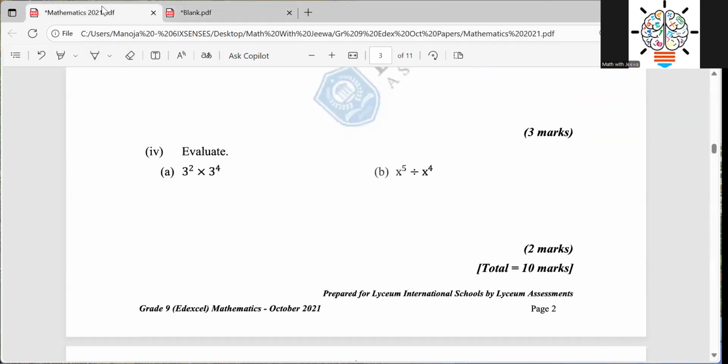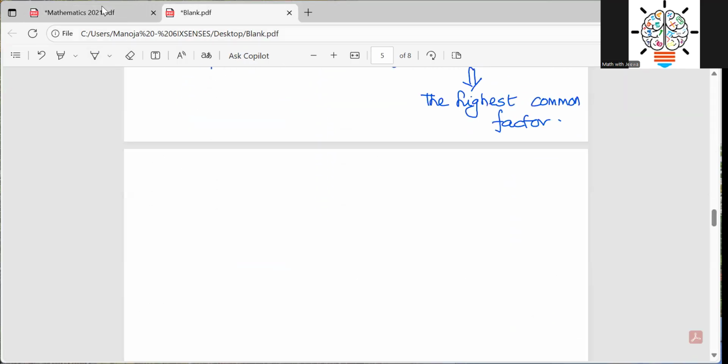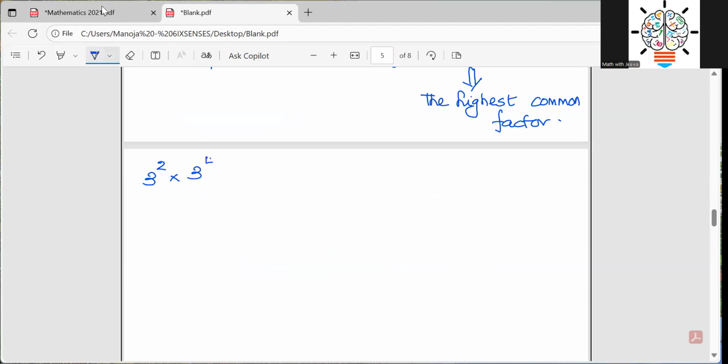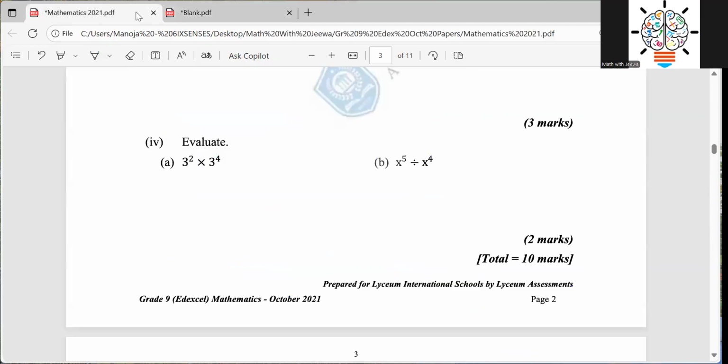Here we have 3 to the power 2, 3 to the power 2 and 3 to the power 4. So then here 3 to the power 2 plus 4, simply you can write 3 to the power 6. You don't need to find the value, you can just keep it like this.